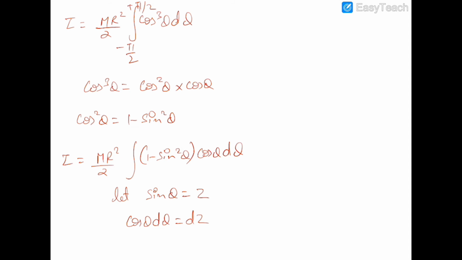So this I would be equal to m r square by 2, and this is integration 1 minus z square, and this is dz. So I would be equal to m r square by 2. I'm not writing the limit at this time because I will re-substitute the value of z in terms of theta, and then I will substitute the limits.